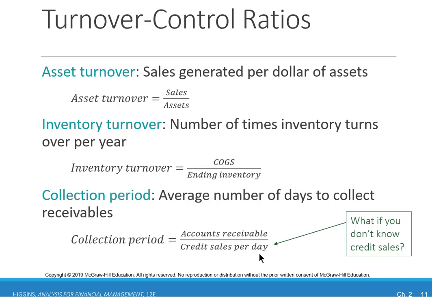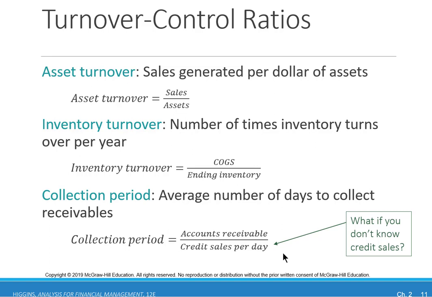So what we typically use is the average sales per day. Again, take the total sales of the year divided by 365. That gives you an idea of what the average sales are per day. And we rarely know the credit sales per day.